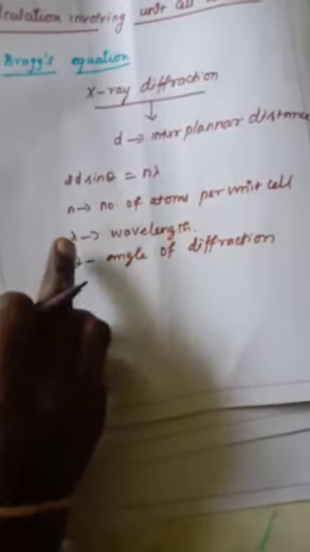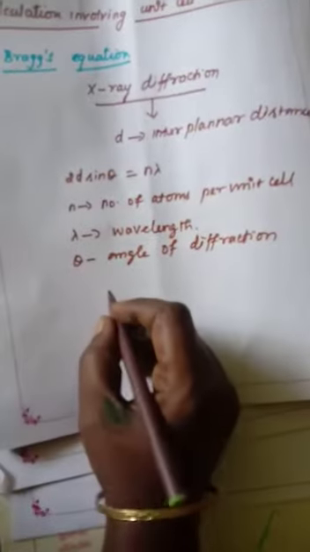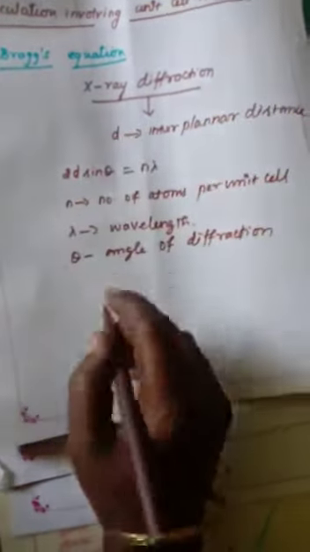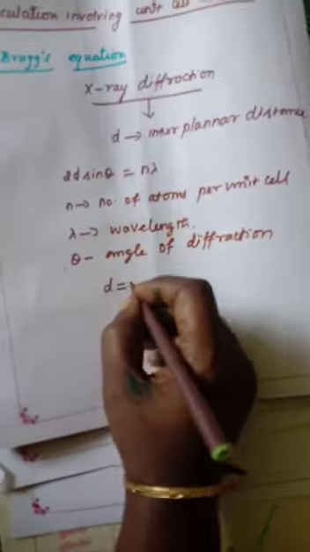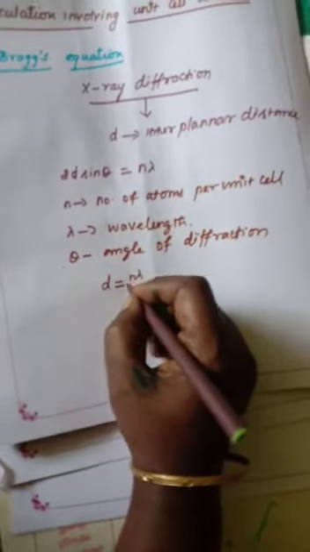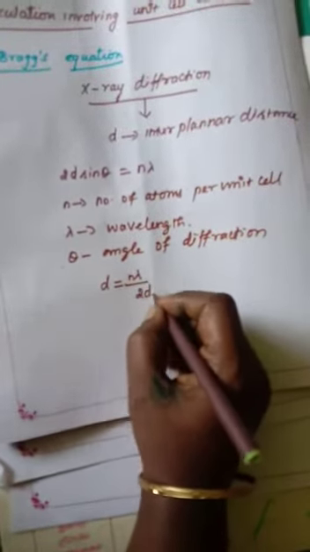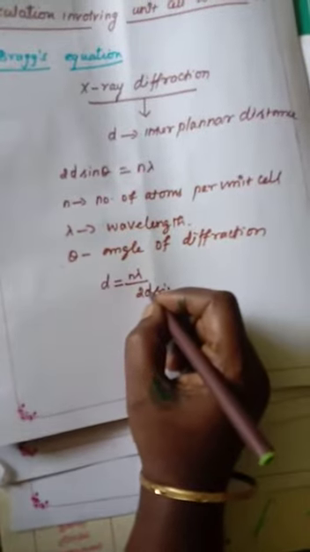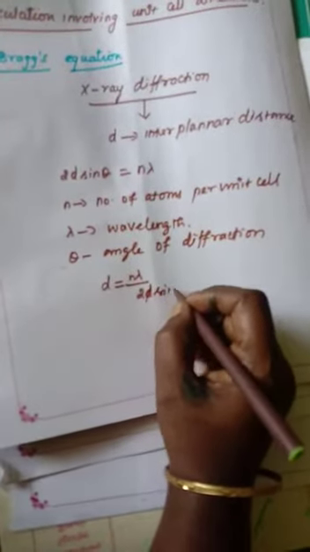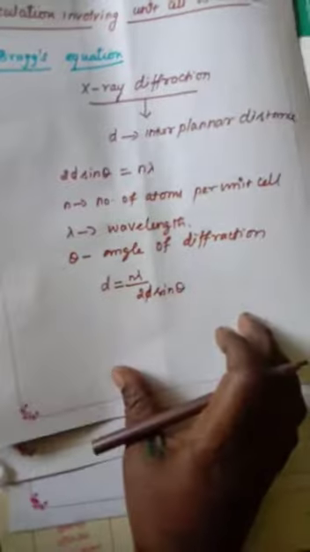By using these data, n, lambda and theta, we can calculate the d value by using d equal to n lambda divided by 2 sin theta.